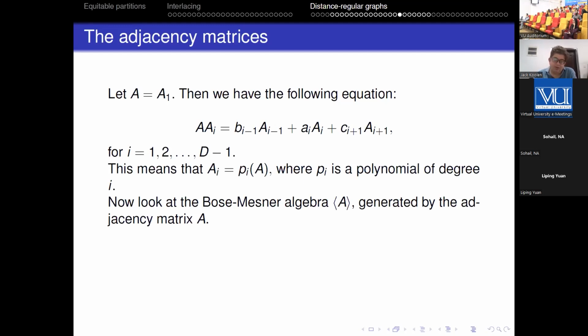Now we look at the Bose-Mesner algebra. We can also call it the adjacency algebra, or in the particular case of a distance-regular graph, the Bose-Mesner algebra is equal to the adjacency algebra. It's the algebra generated by the matrix A. What that means is these are all polynomials in A, the algebra where you only look at polynomials in A with real coefficients.